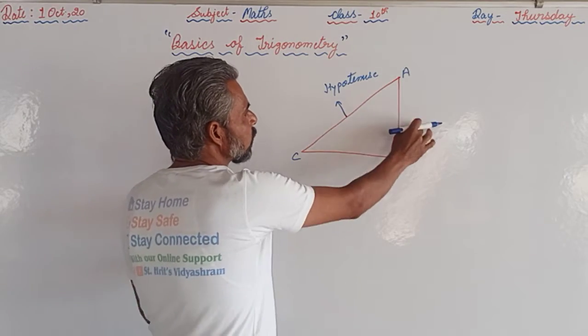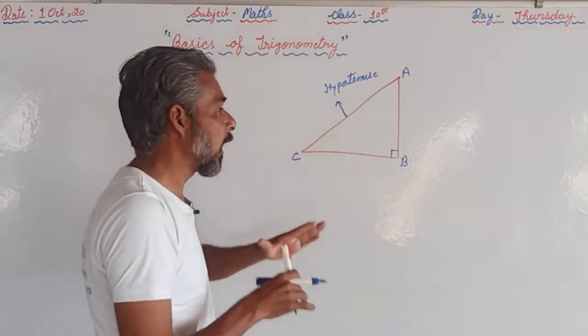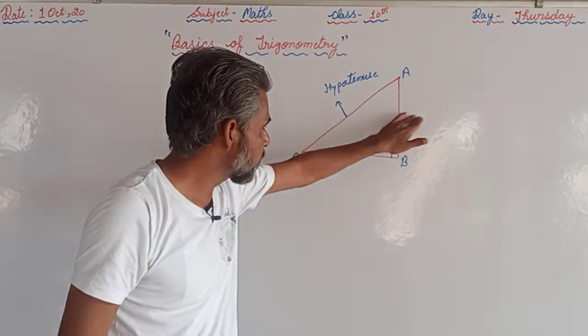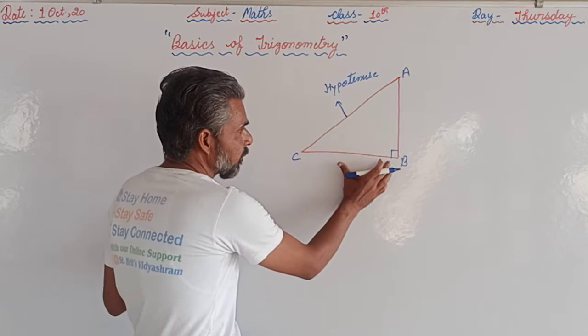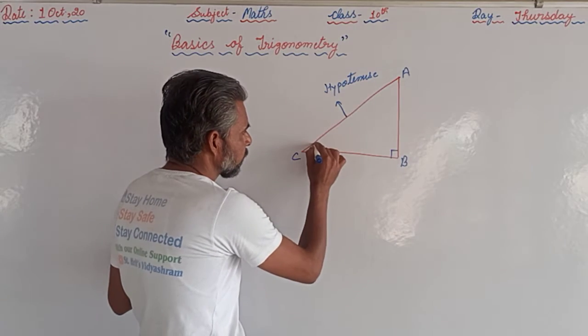And the remaining two sides can be base and perpendicular. Hypotenuse cannot be changed, base and perpendicular can be changed, because here we are having the two base angles.